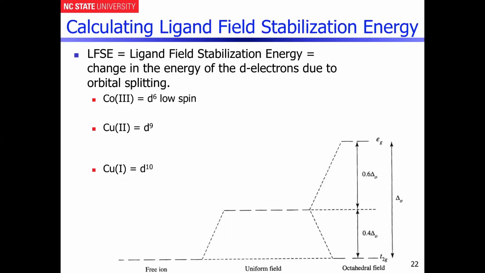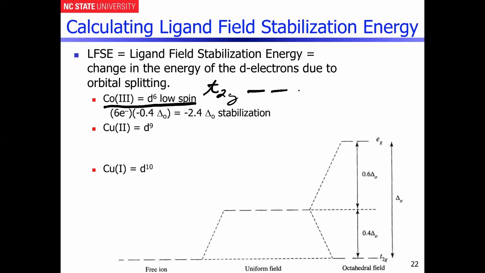So now the ligand field stabilization energy is going to be the change in energy of the d electrons due to this orbital splitting that takes place. And I kind of have it blown up a little more here. So let's consider a low spin cobalt-3 species, which is actually a d6 configuration. If you have a d6 configuration, 6 electrons end up getting placed in the t2g orbital set.